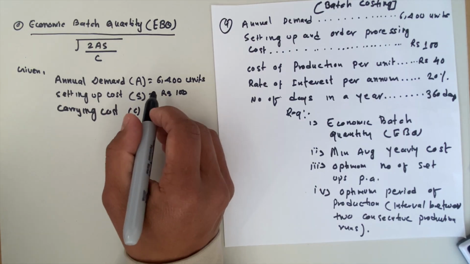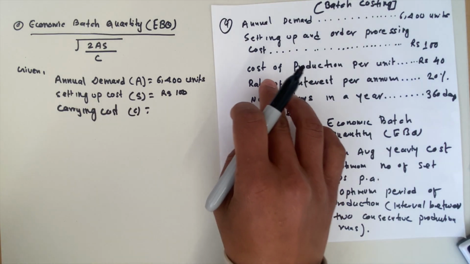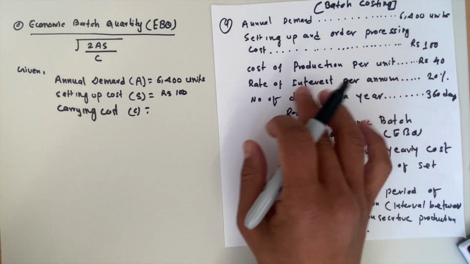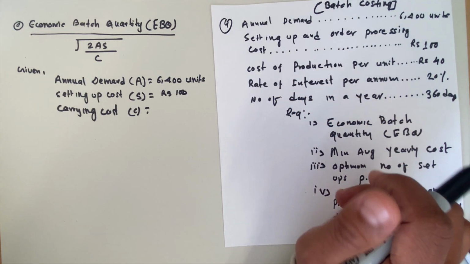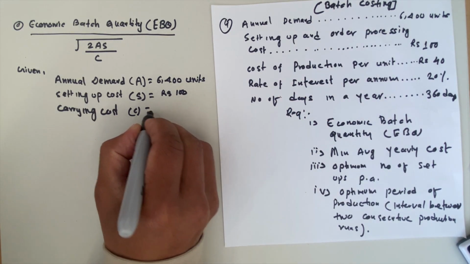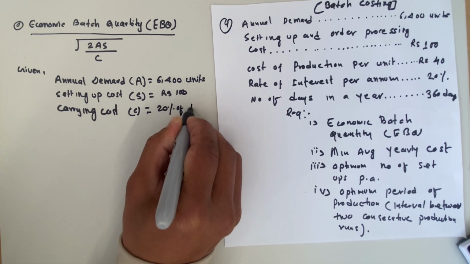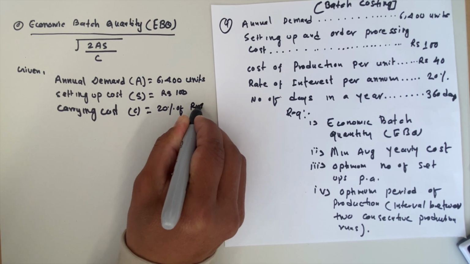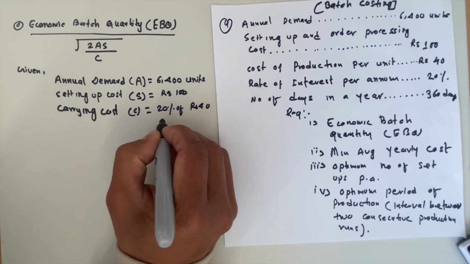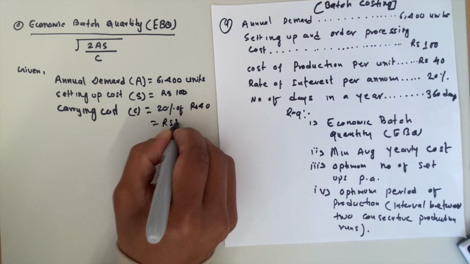The cost of production per unit is 40 and the rate of interest per annum is 20%, so carrying cost is 20% of rupees 40, that means rupees 8.